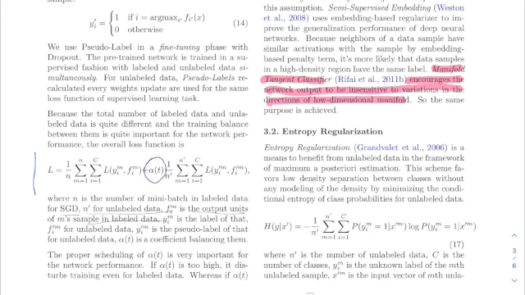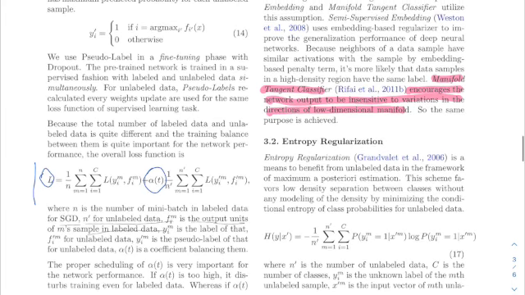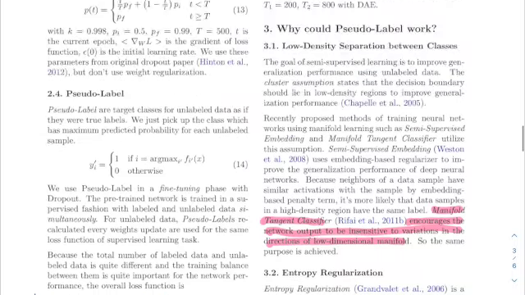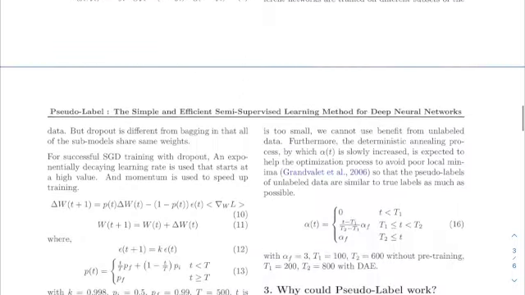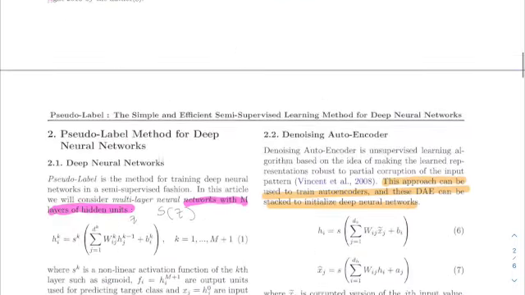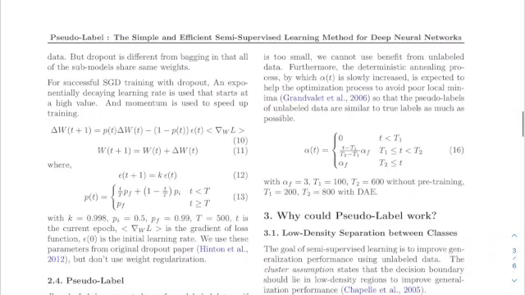After the model is trained, he decides that the total loss of the function is going to be equal to the loss of the labeled function, which is this one right here, plus the error of the unlabeled inputs times an alpha function. So the alpha function here will be what he calls the value for entropy regularization.